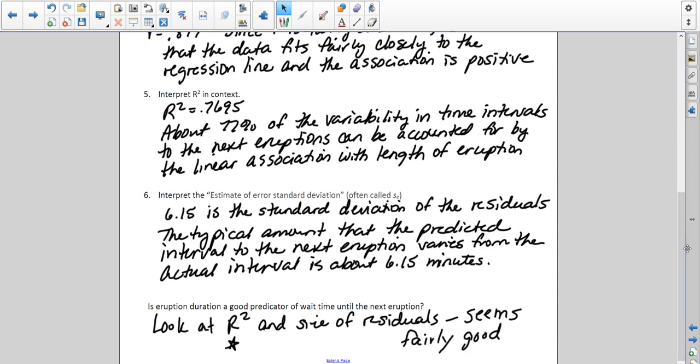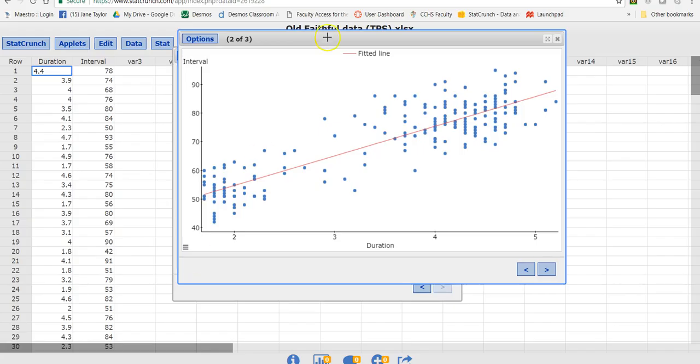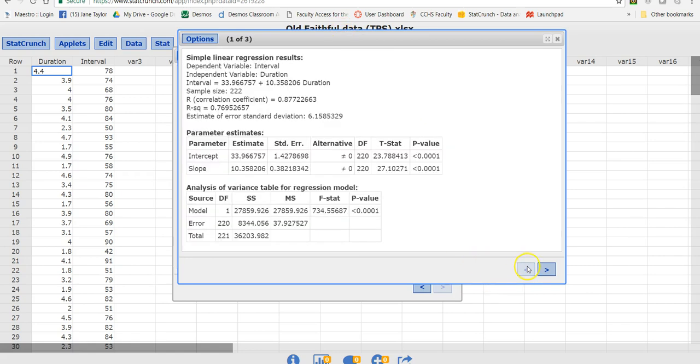Okay, now 6.15 is called S in the regression output. So if we go back and look at our regression output, you see this S right here, estimate of error, standard deviation. Now, in most computer outputs it'll just say S equals. It won't say this wording.